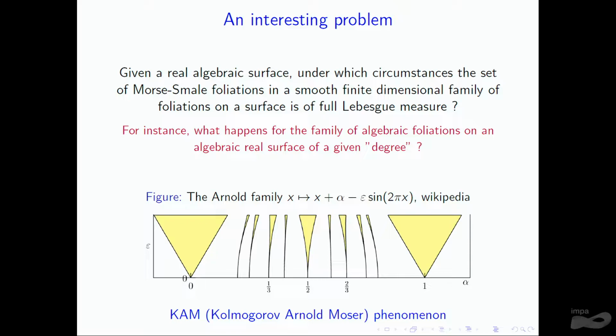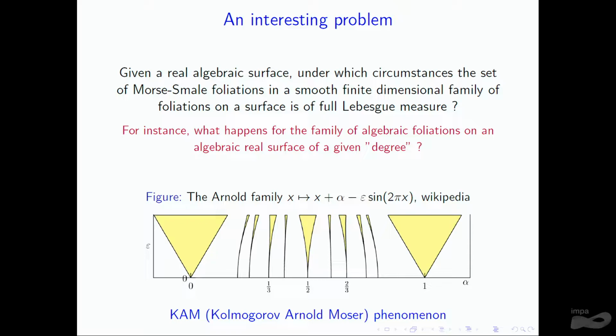And in yellow, what you see are what are called the Arnold tongues. Those are some open subsets, and in fact, the union of all these tongues is exactly the stability locus for this family. You see it has a very interesting geometry.